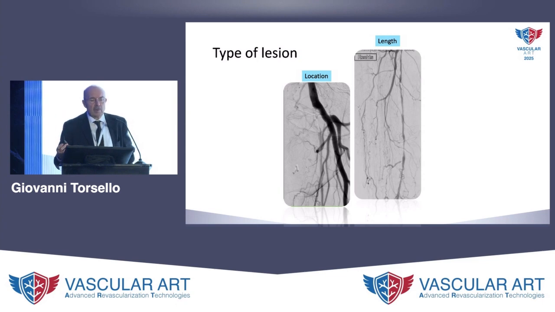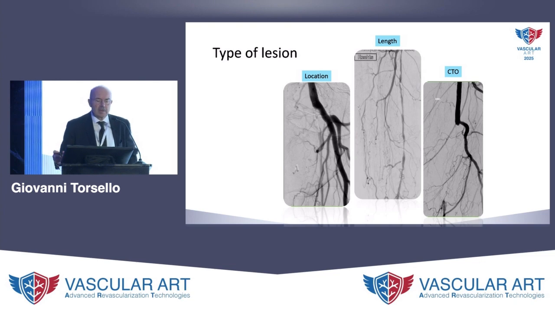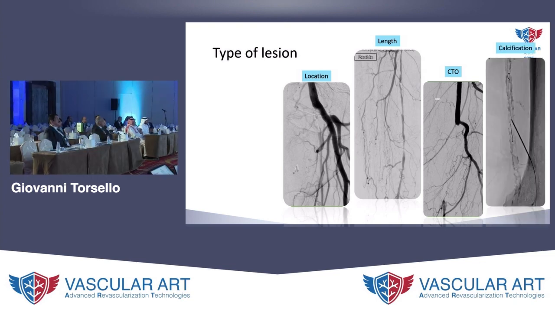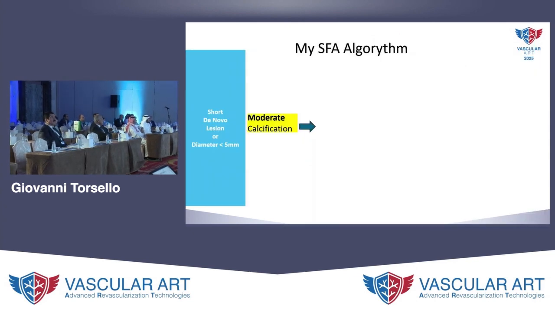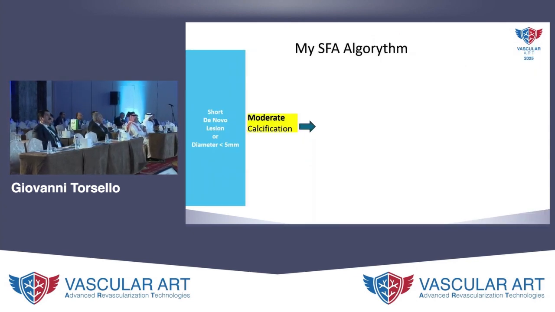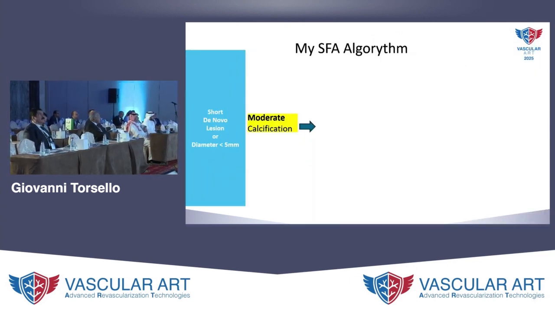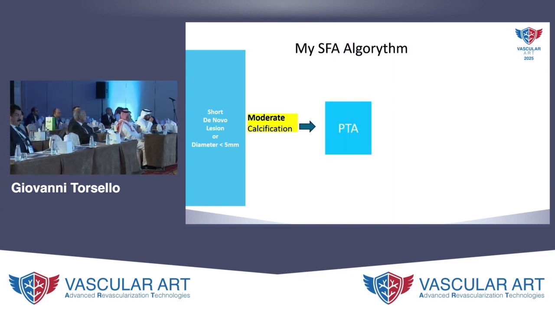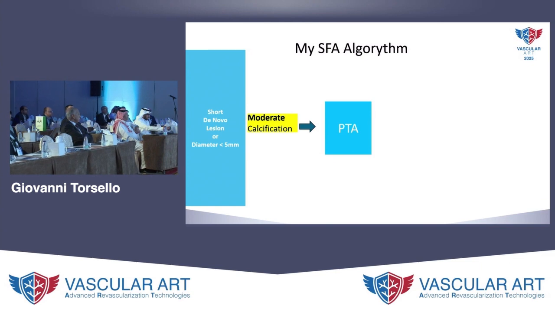Now, going back to the type of the lesion, we have different lesions. It's important to know what is the location of the lesion. If we have a flush occlusion of the SFA, we have a long or short lesion, a CTO, and last but not least, a very calcified lesion or not. In case of short, de novo lesion or with moderate or mild calcification, the strategy from my perspective is simple.